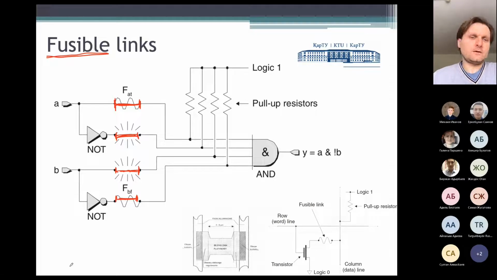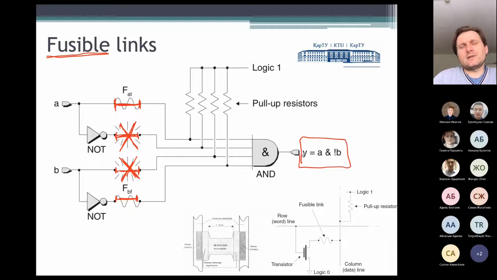So when I destroy, for example, that connection and that connection, I introduce some kind of mask, some kind of programming, so our result should be like that. When I change something different, for example, when I leave a structure like that and that, here is a and y is a negative a here.